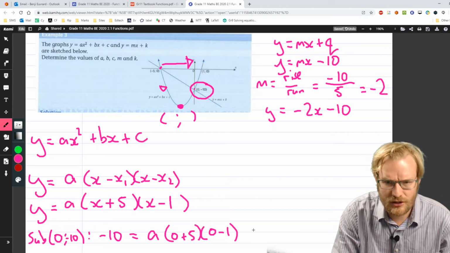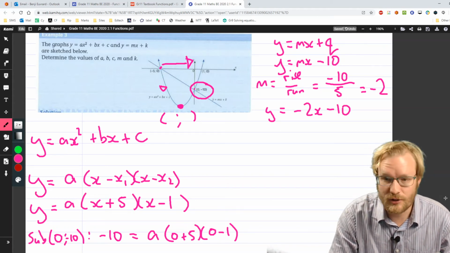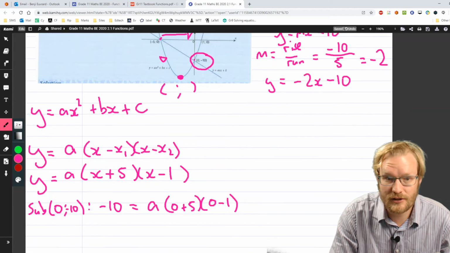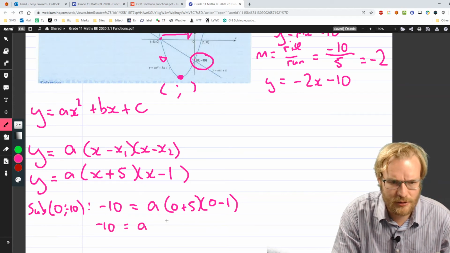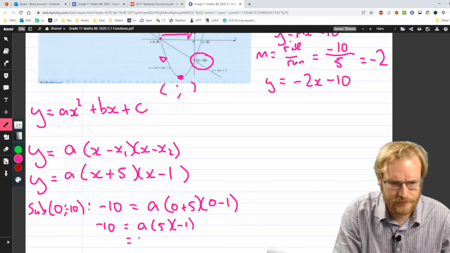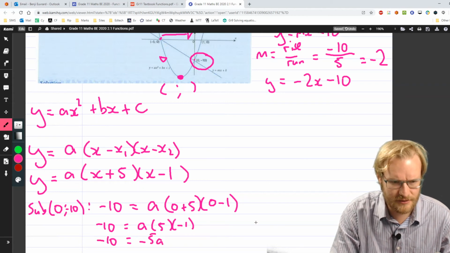Okay, so this equals, let's scroll down a little bit here, just keep that in view. So negative 10 equals A times 0 plus 5, well that's 5. 0 minus 1, that's minus 1. So that's negative 5A. That's negative 10.